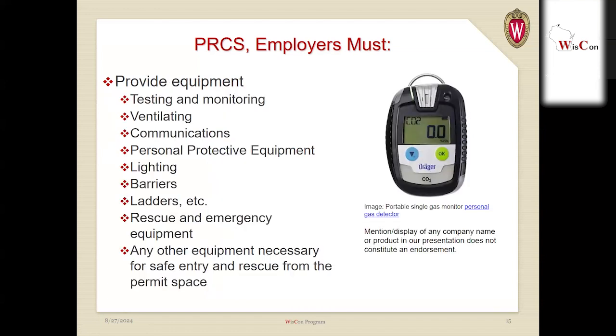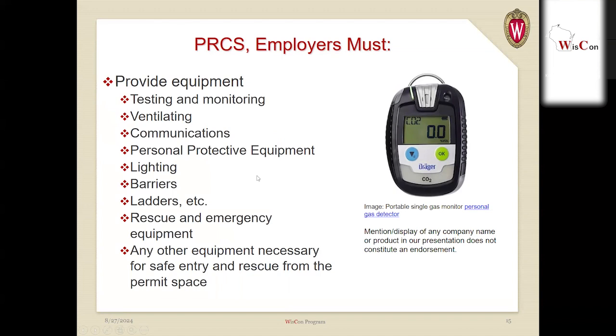One of the other things employers must do is provide equipment. They need to provide testing and monitoring equipment to make sure that those spaces are safe to enter, ventilation, depending on what type of space it is, and communications, so that individuals who are working in the space can communicate with individuals outside the space.